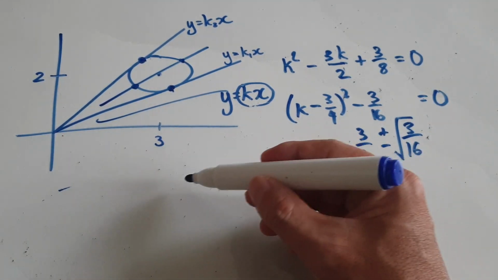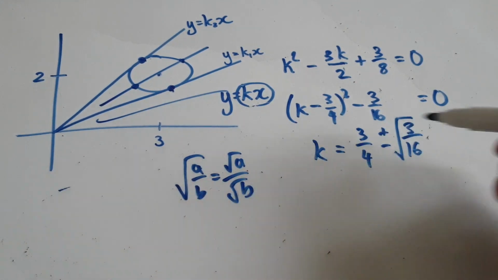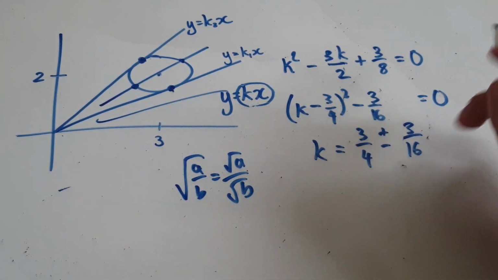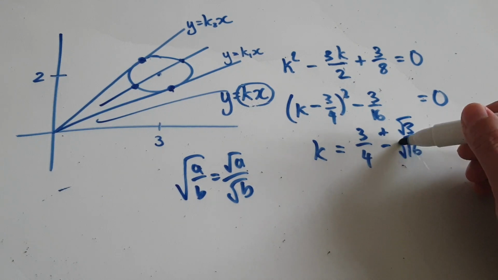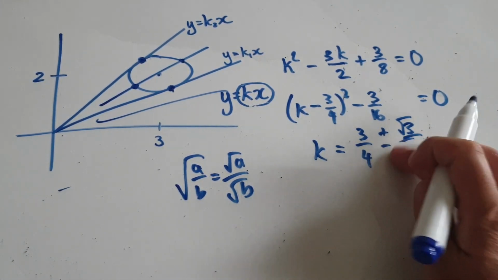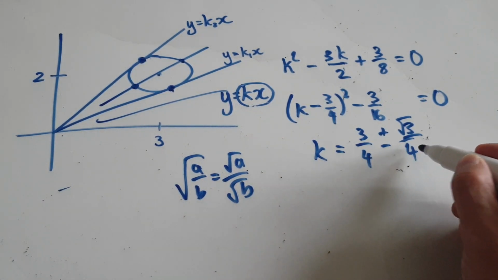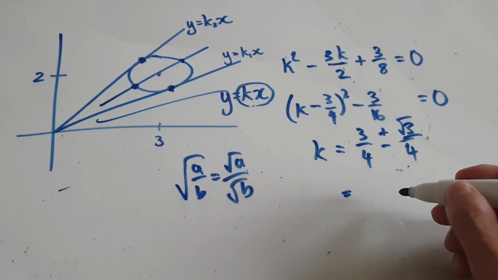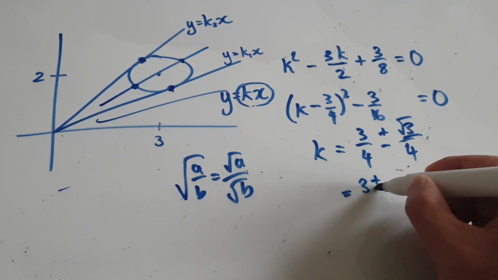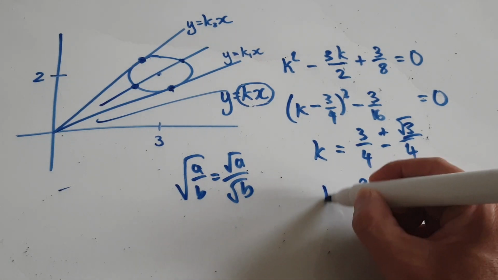Now remember, root a over b is the same as root a over root b. So that's the same as square rooting the top and square rooting the bottom. The square root of 16 is 4. Oh well, coincidence, same denominator. So merge them together. That would be 3 plus or minus root 3 over 4 equals k.